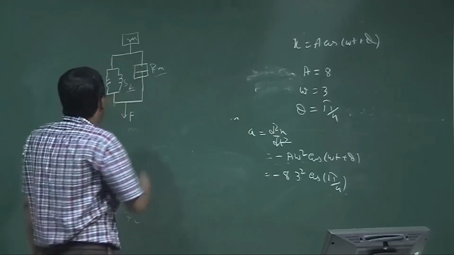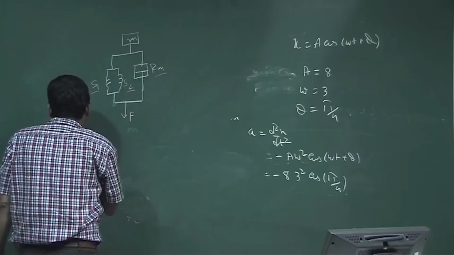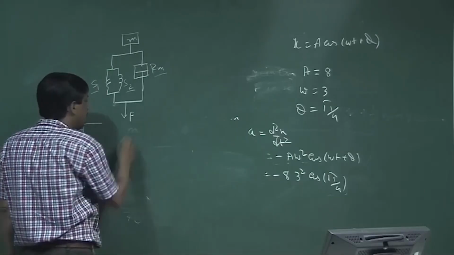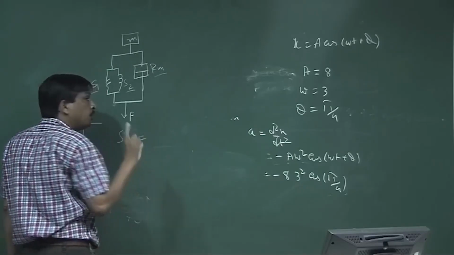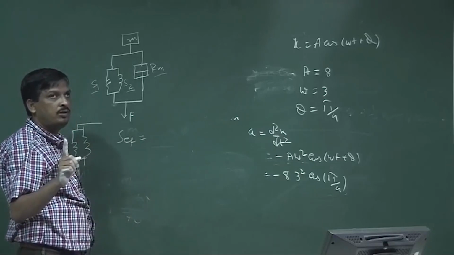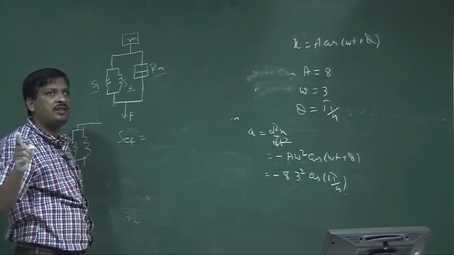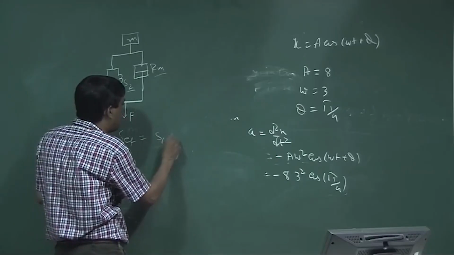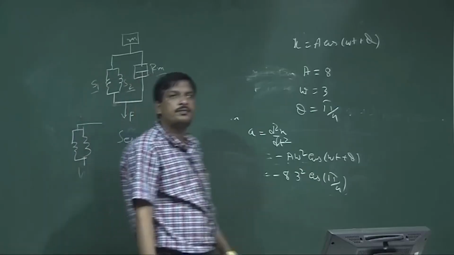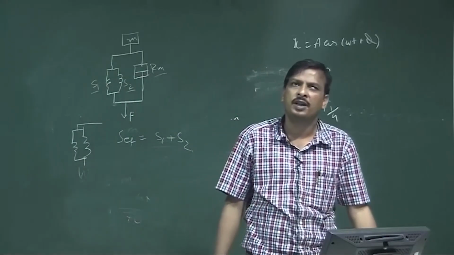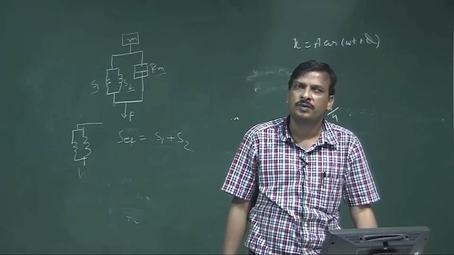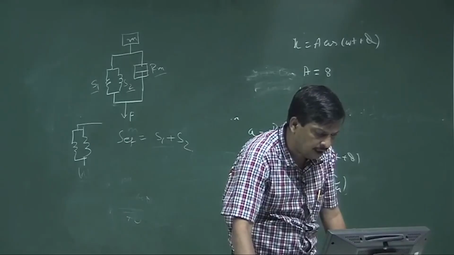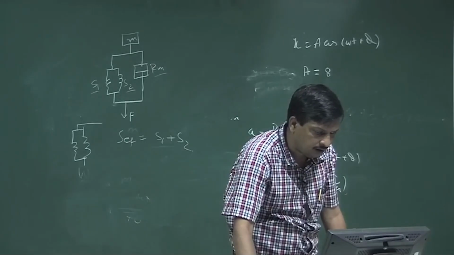So, what I said is that for two springs, if the two springs are in parallel, what is the S effective? If two springs are in series, it is 1 by S1 plus 1 by S2. If two springs are in parallel, it is nothing but S1 plus S2.